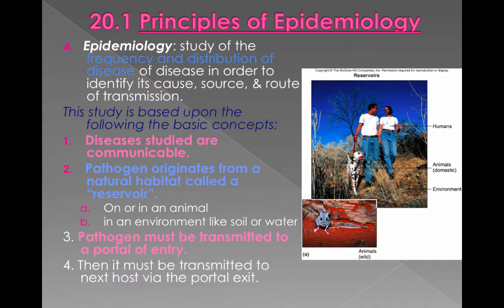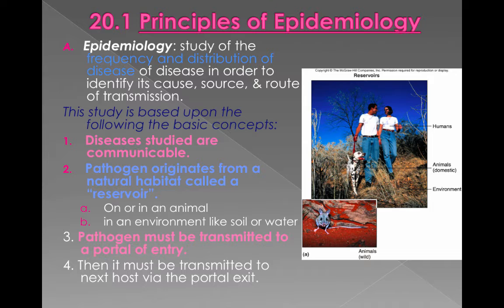Now, this study is only possible based upon the following basic concepts. One, that the diseases that are being studied are communicable, that they are in fact transmitted from person to person. The pathogen itself originates from a natural habitat called a reservoir.